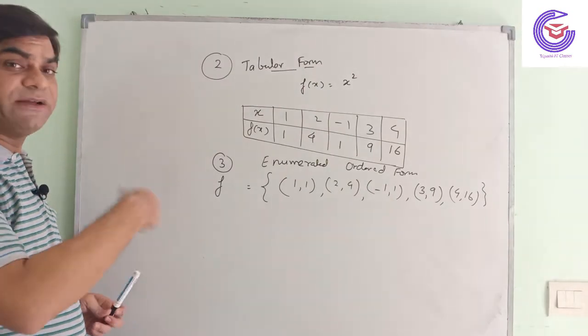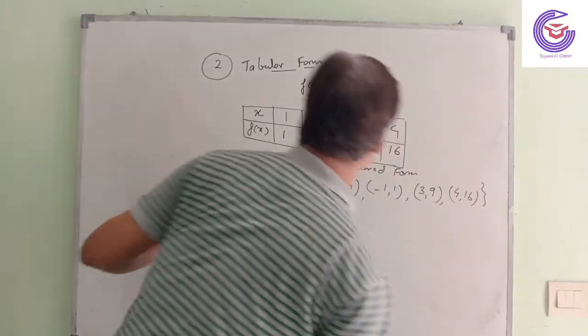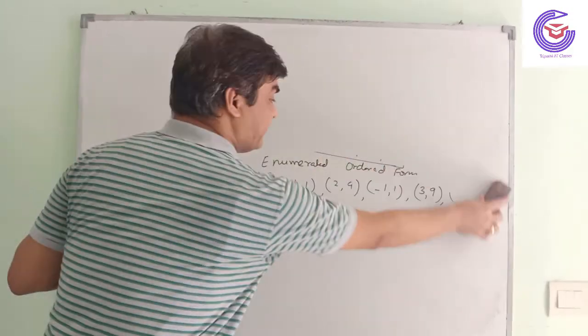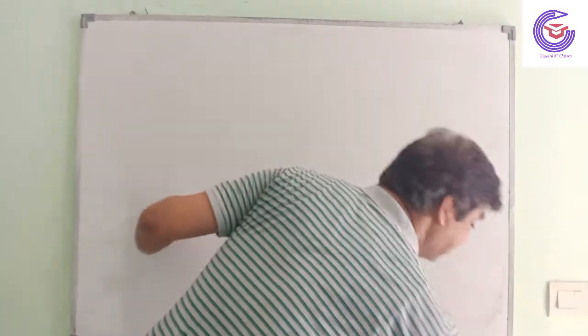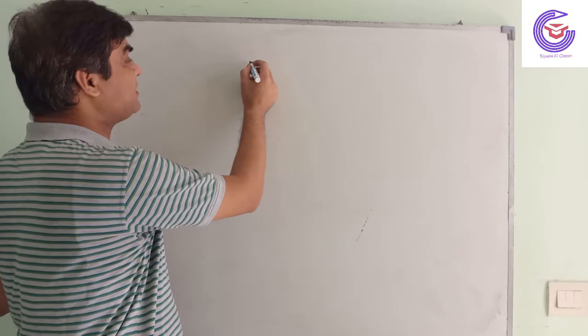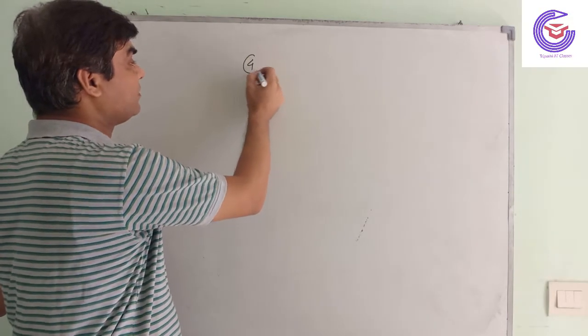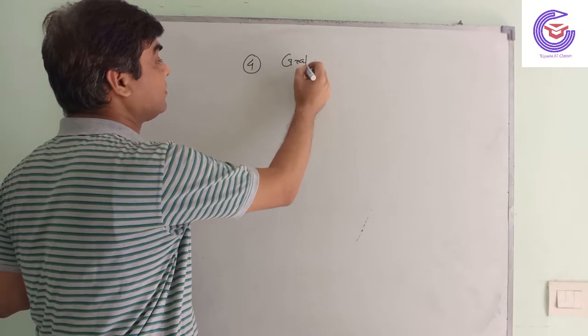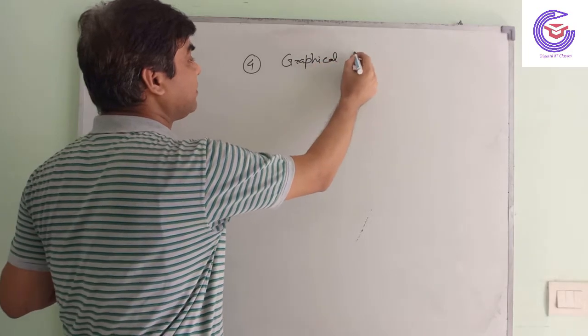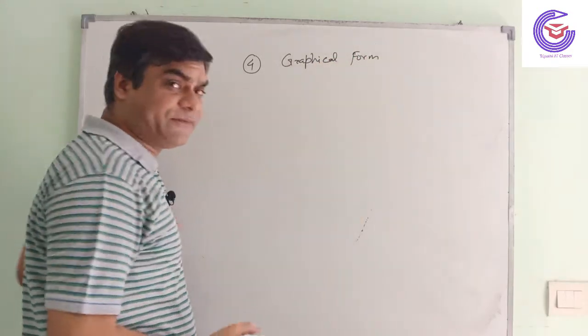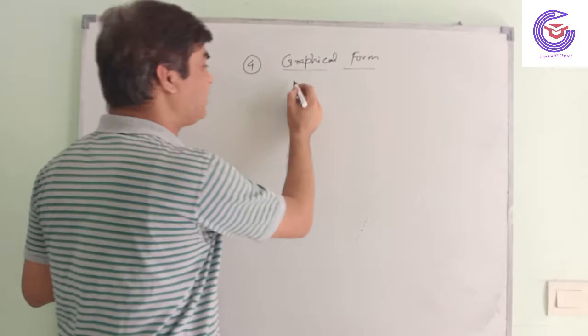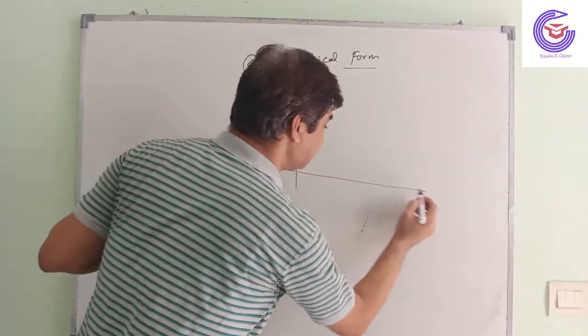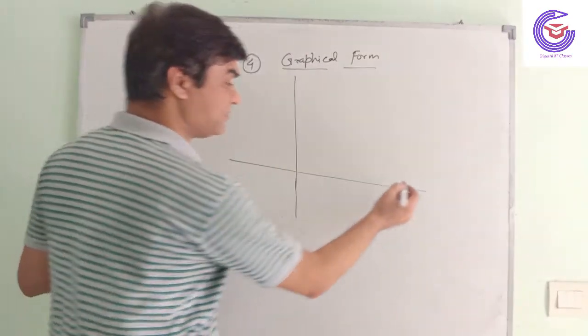There is another way to define this function, that is called graphical form. So in the graphical form, the same function, you basically plot in the Cartesian system.